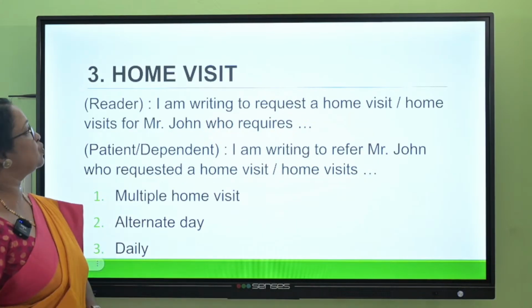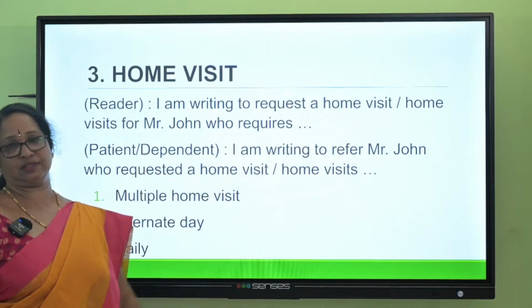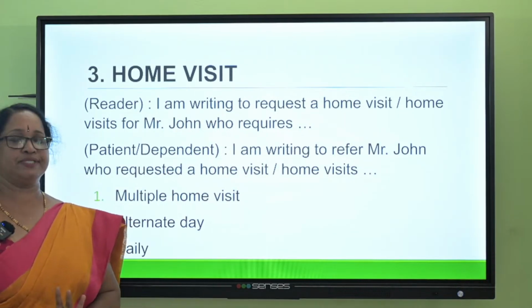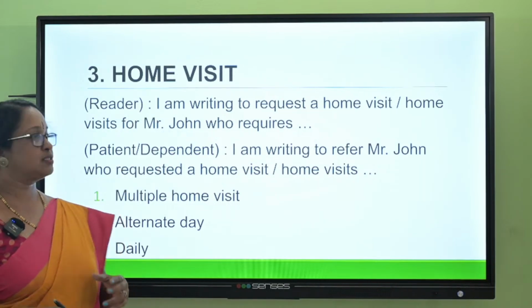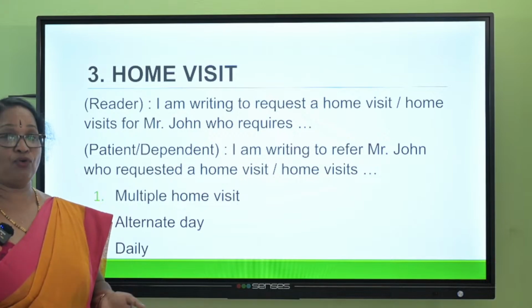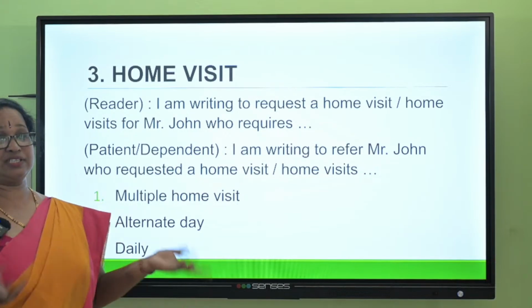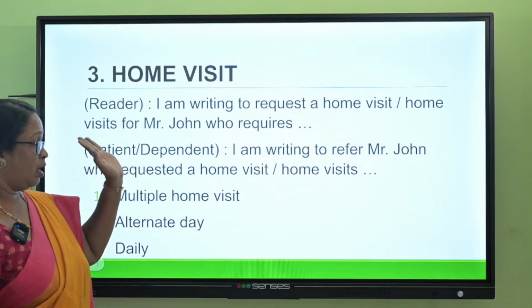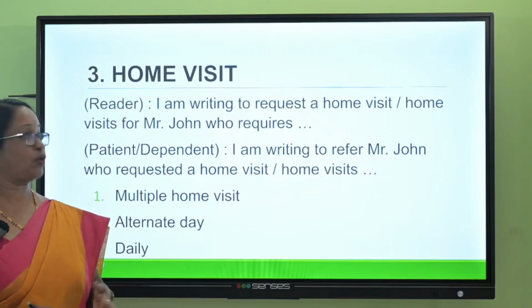And the third letter is the home visit. The majority of students make mistakes when writing the home visit letter, because one "s" and one "a" will create problems for you. What is the difference?